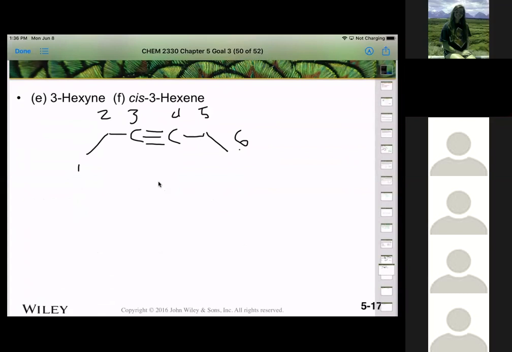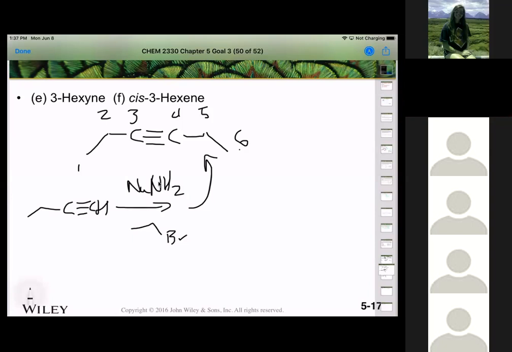Let's make it using the butyne we've already made. If we start with 1-butyne, we'd react it with sodium amide again to deprotonate it, and then react it with ethyl bromide, and that would give us this product here.